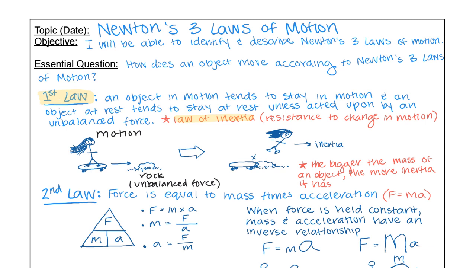Another thing to remember is the bigger the mass of an object, in other words, how much space that object takes up, the more inertia it has, right? So again, we could think about if you are a weightlifter, it is a lot easier for you to pick up a barbell of weights off the ground than it would be for you to pick up a car.